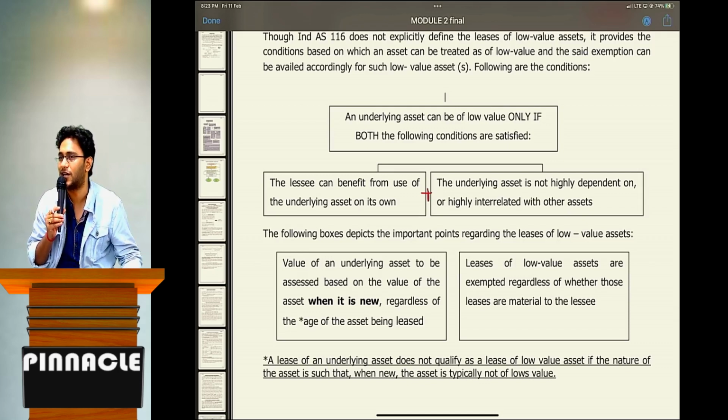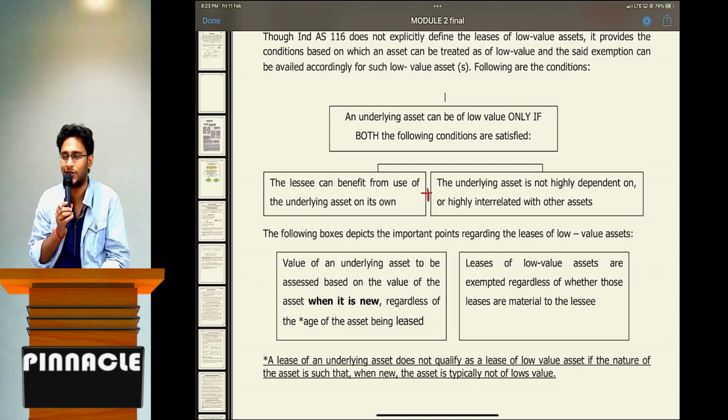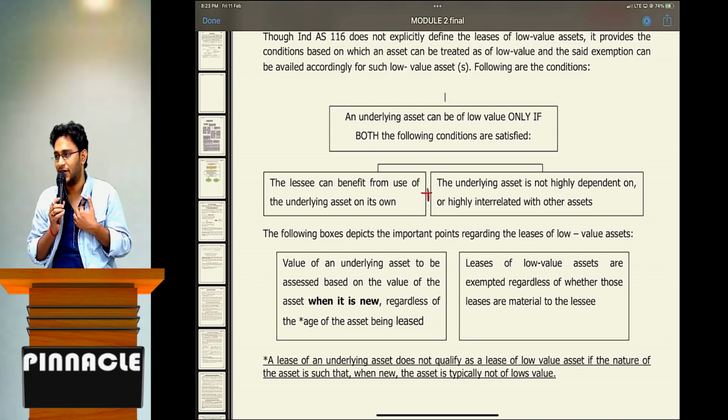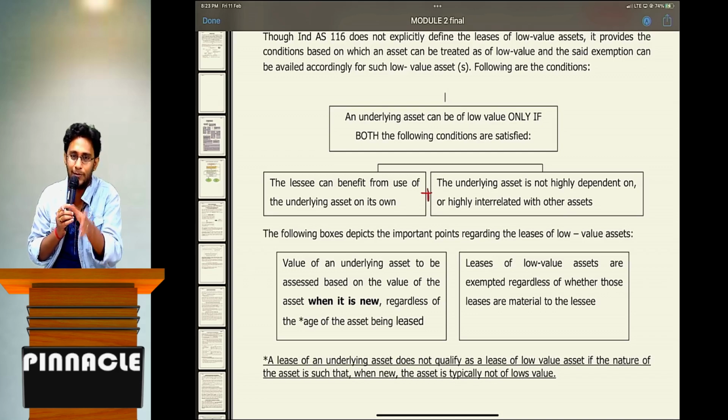Tell me, sir, a car's tire is highly dependent, not only just dependent, highly interrelated with the car. Without a car, I cannot use a tire. I am having a car. Now, a tire actually is a low value item, speaking normally, but it does not qualify for separate accounting under this standard.